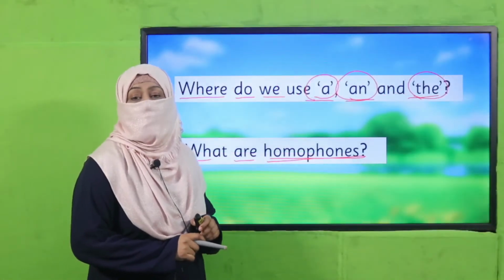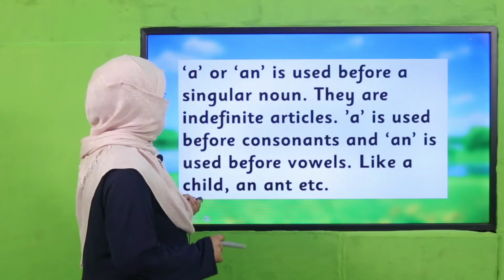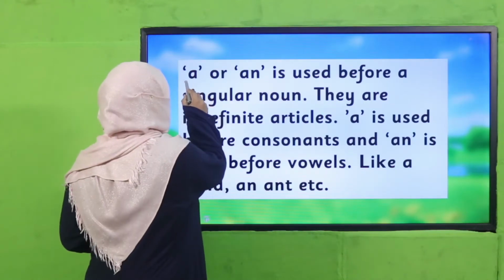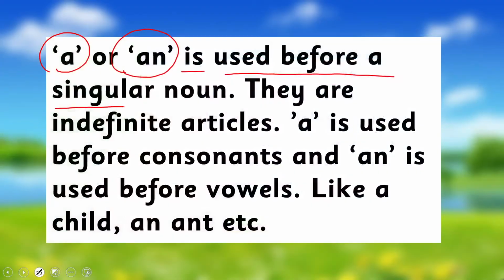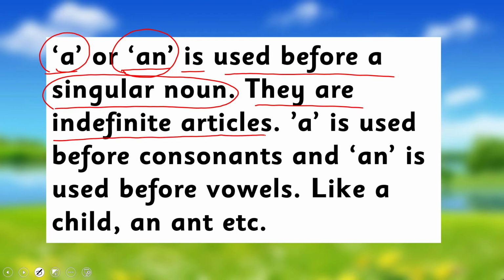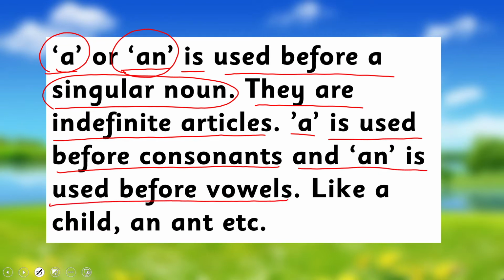Yes, my dear children, I hope you could recall and you have told your teacher that a or an is used before a singular noun. The first thing, a and an are used before a singular noun and it means one. A book means one book. A chair means one chair, right? They are indefinite articles. A is used before consonants and an is used before vowels.